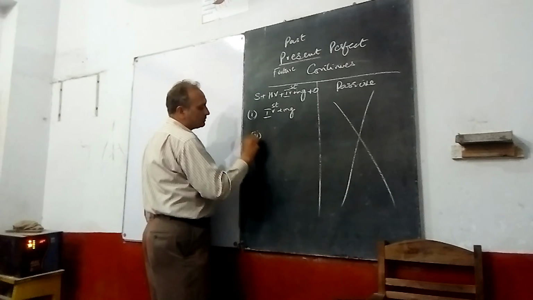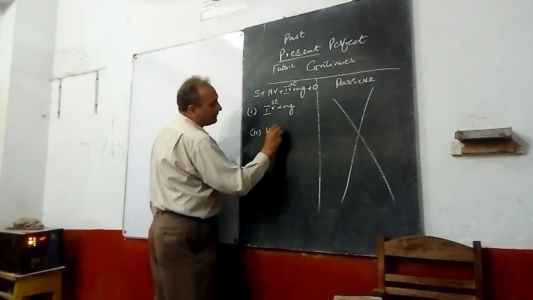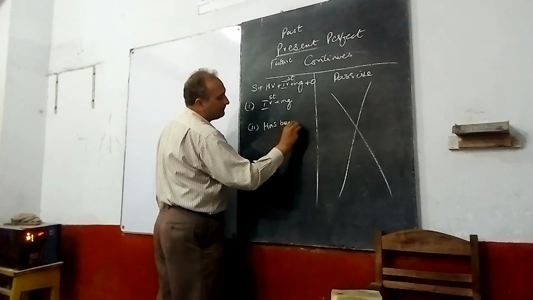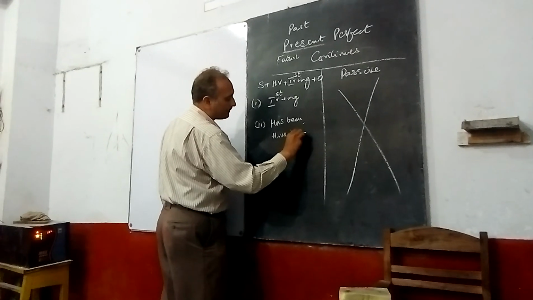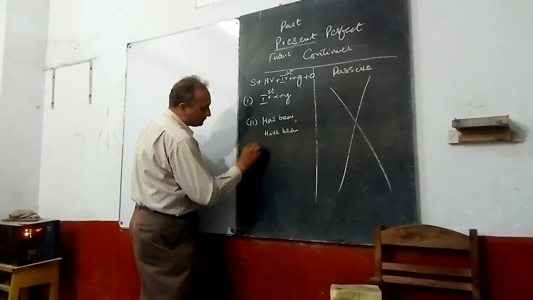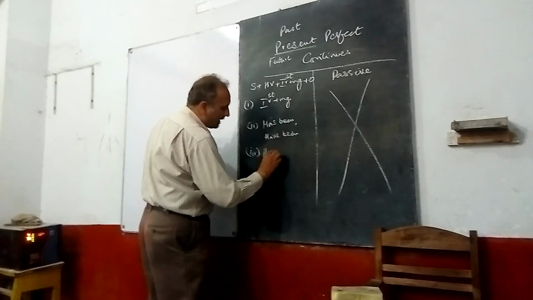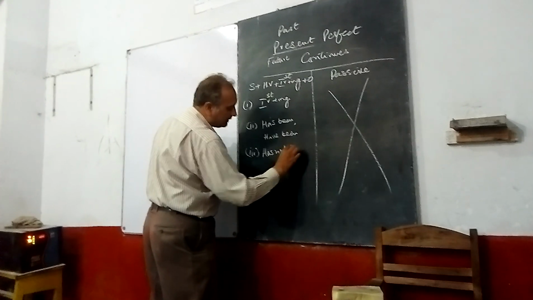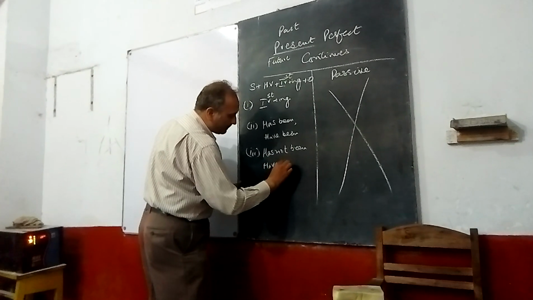Point number 2, just to remind you, we use two helping verbs, has been and have been. And again, to make the sentence negative, we place has not been and have not been.